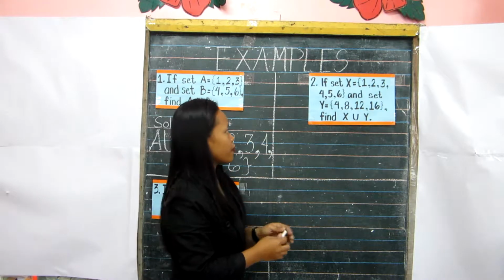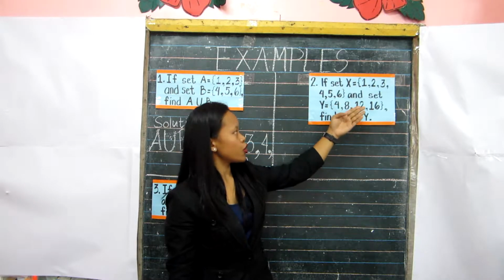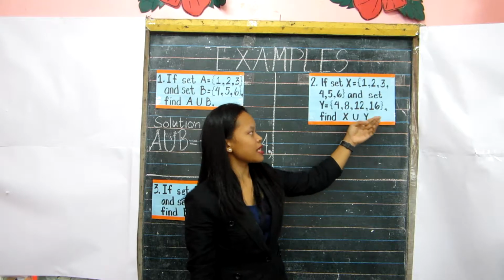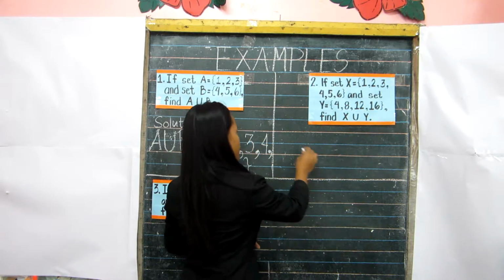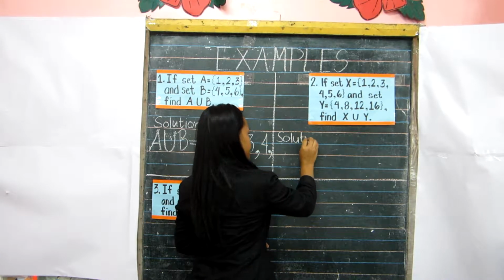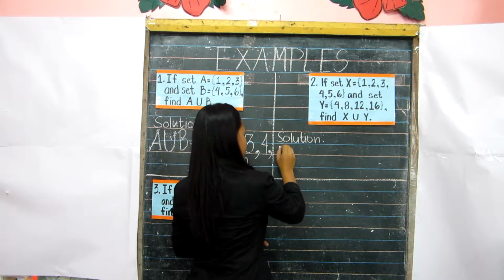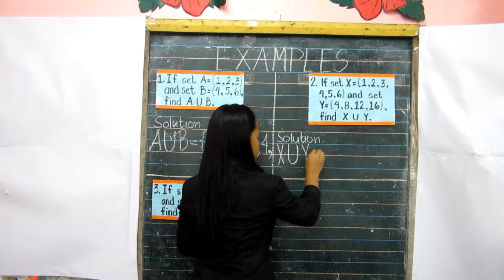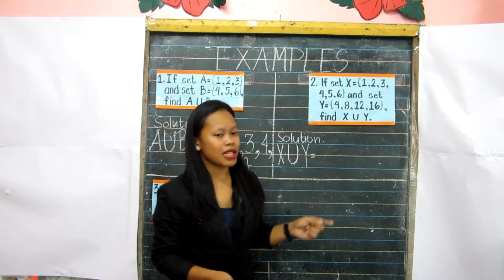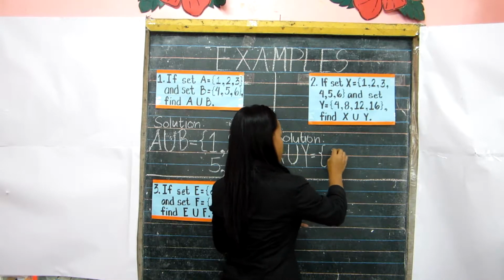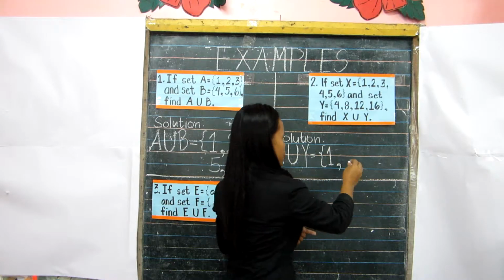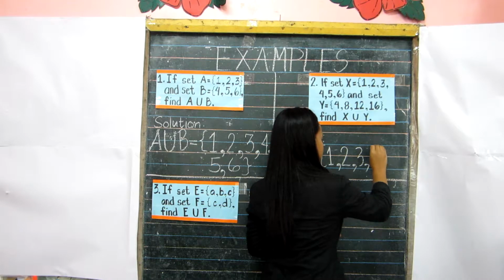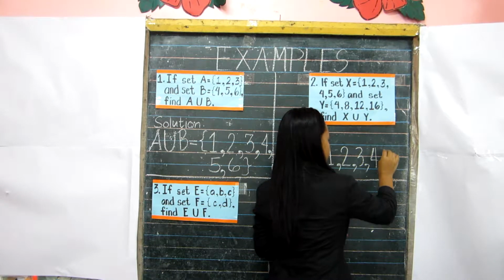Now for example number 2, if set X has the elements 1, 2, 3, 4, 5, and 6, and set Y has the elements 4, 8, 12, and 16, find X union Y. For our solution, we need to find X union Y. First, we list the elements of set X, which is 1, 2, 3, 4, 5, and 6.